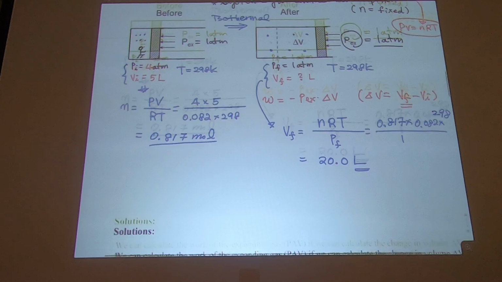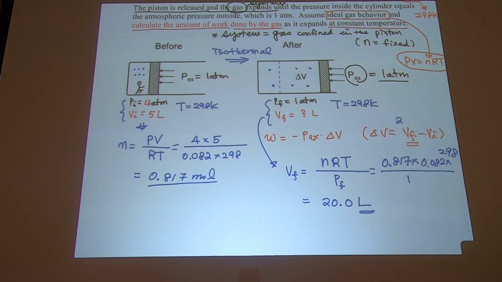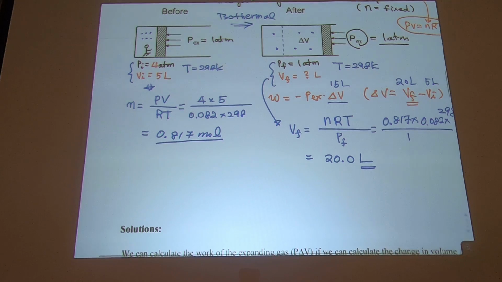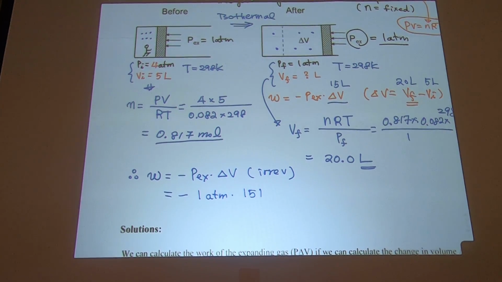Okay, so now this is 20 liters. Before it's 5 liters, so your delta V is 15 liters. So now I'm getting an answer. Work, which is minus external pressure times delta V for irreversible expansion, which is when the external pressure is constant, I'm going to write 1 atm times 15 liters.